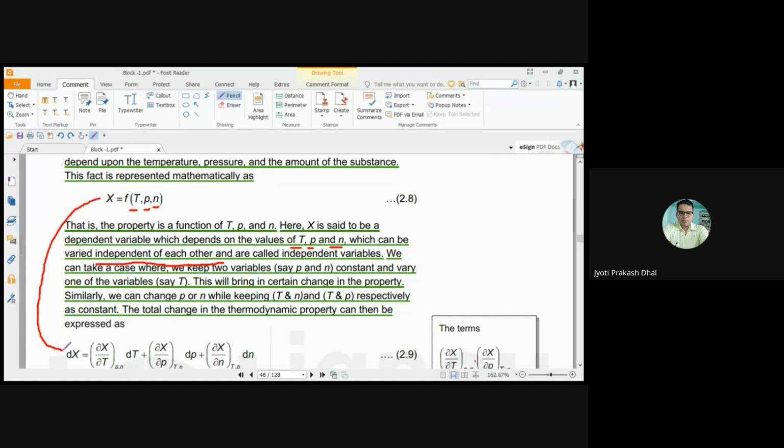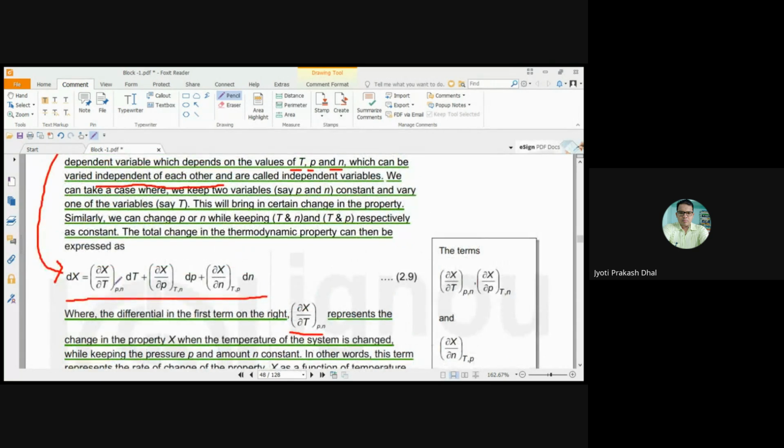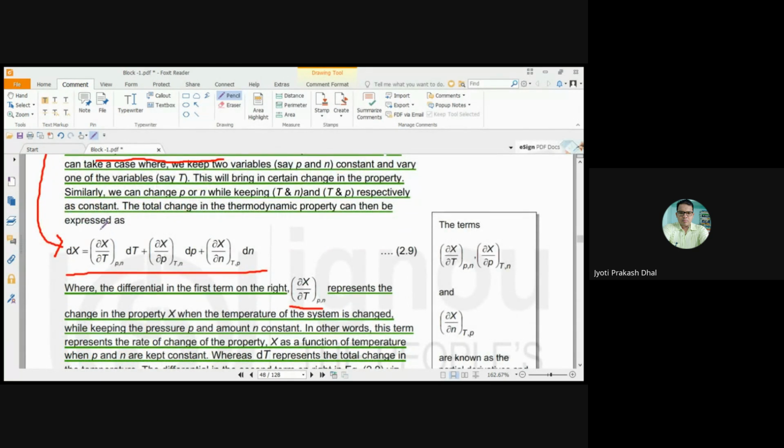And if you take the differential of X, that is dX equals the partial derivative of X with respect to T at constant pressure and constant number of moles into dT, plus del X by del P at constant temperature and constant number of moles dP, plus del X by del n at constant temperature and constant pressure dn.